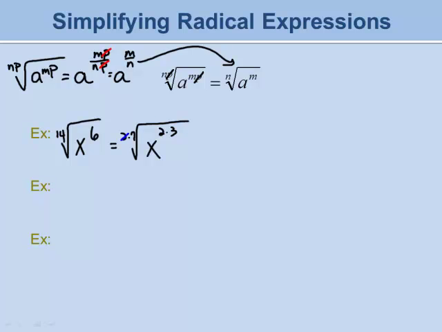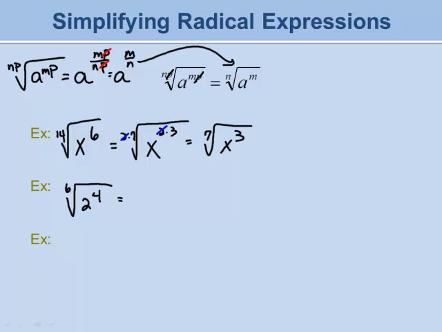So common factor of 2 will cancel out, and this simplifies down to the 7th root of x cubed. Now there's really nothing further you can do with that particular problem, but a smaller root is considered better in most cases.